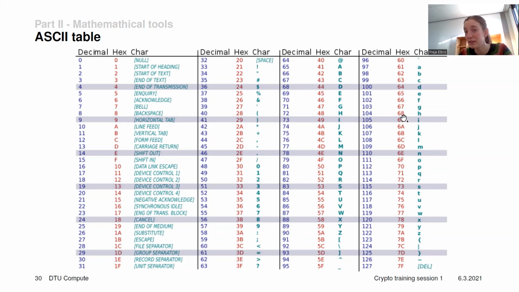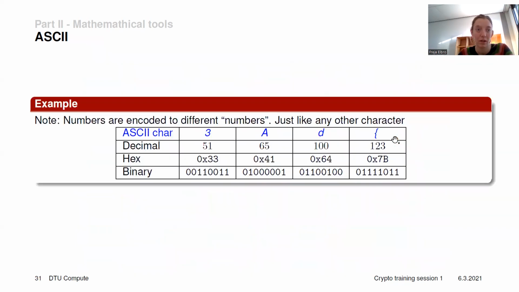Each of the small letters is also, and a lot of different punctuation and spacing. Then we also have some non-printable characters, which might, for example, let the receiver of your message know that the text has ended.